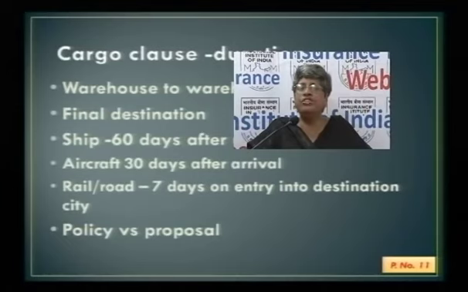Once the cargo reaches the final port, it must be delivered to the destination within 60 days if it is by ship, within 30 days after arrival of the aircraft if it's by air, and for rail or road it has 7 days after the rail wagon or the truck enters the city of destination of the policy.